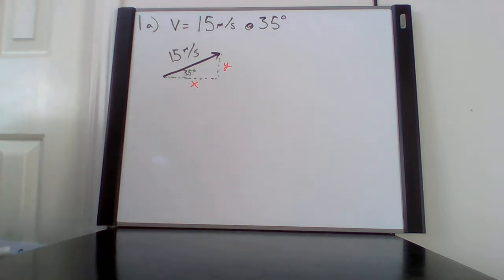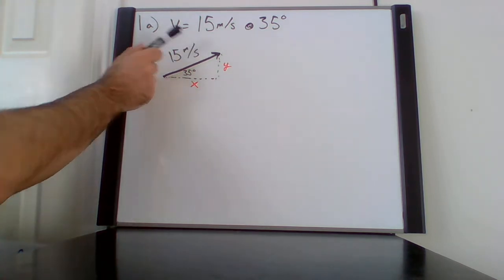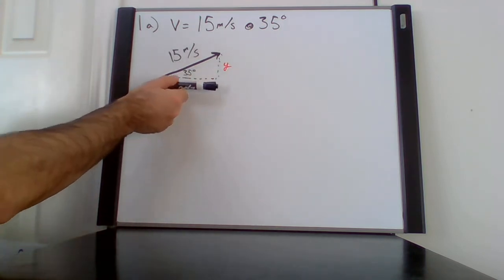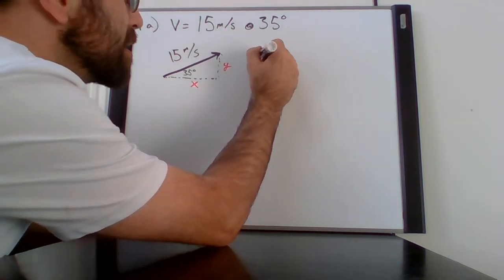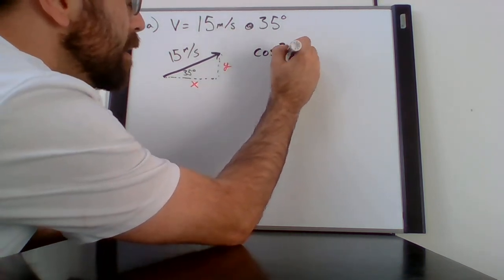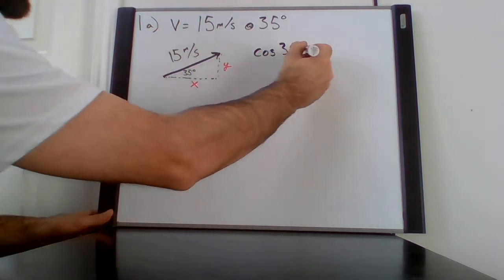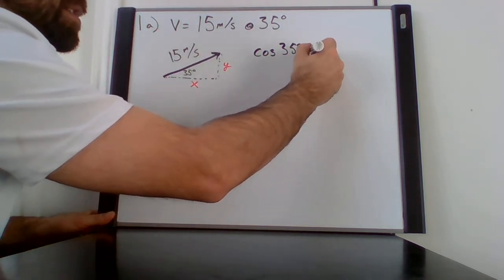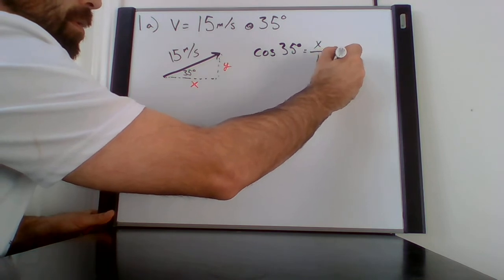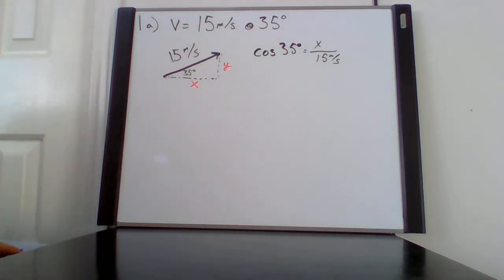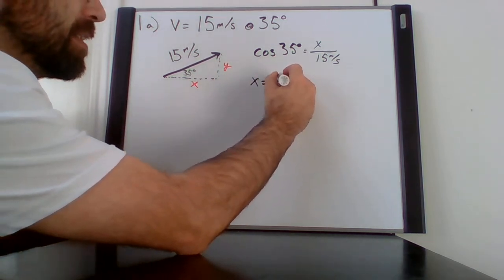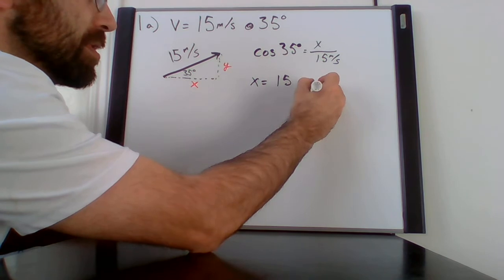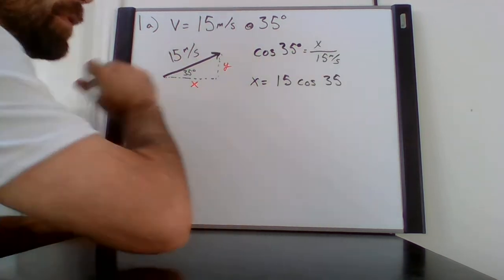Now let's take a look at this x direction first. I have my hypotenuse, I have an angle, and the way I've got this drawn, my x is my adjacent. So I could write that out and say that the cosine of 35 degrees equals my adjacent over my hypotenuse. If I want to rearrange this to solve for x, my x is going to be 15 times the cosine of 35 degrees.